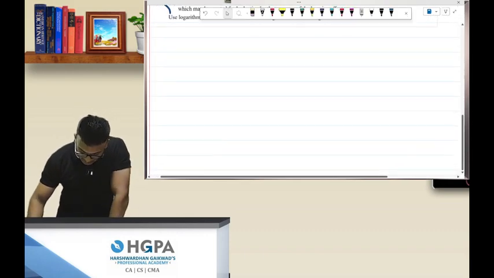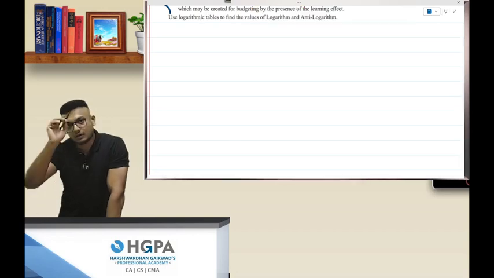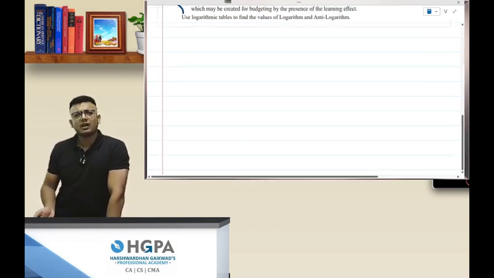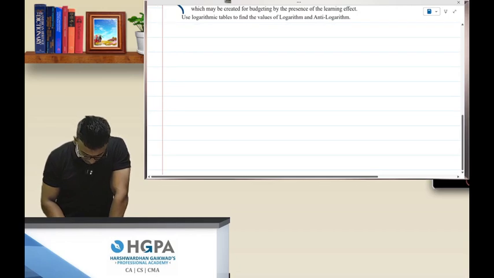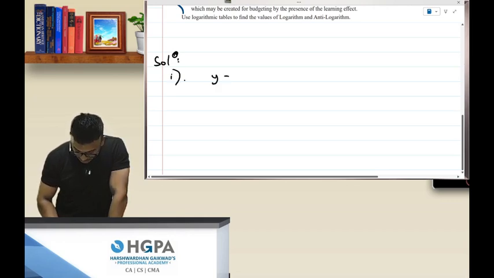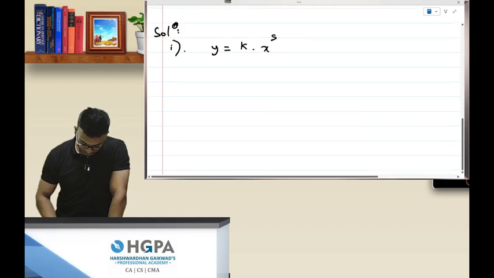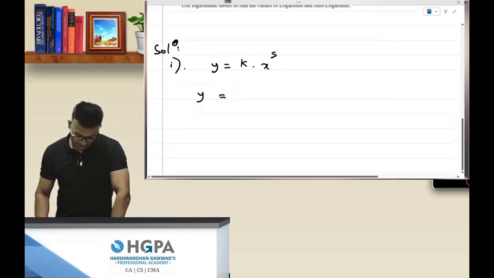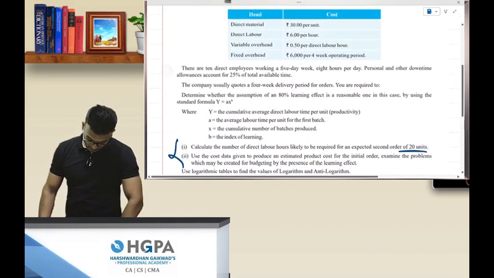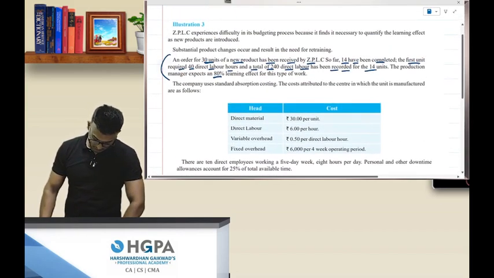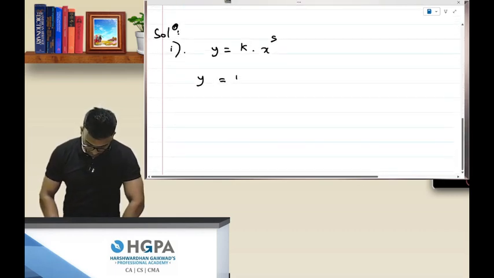They have not given you anything, a table, anti-log and all that stuff. They're saying you only find out. Okay, we know how to find out. Chalo. Can we do it? First, by formula approach, y is equal to kx^s. Y is equal to first, how much are we putting for the first? 40.